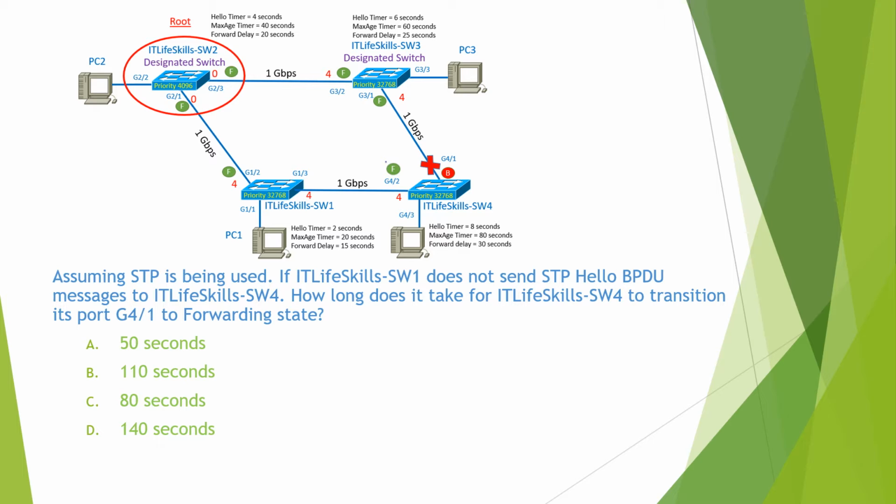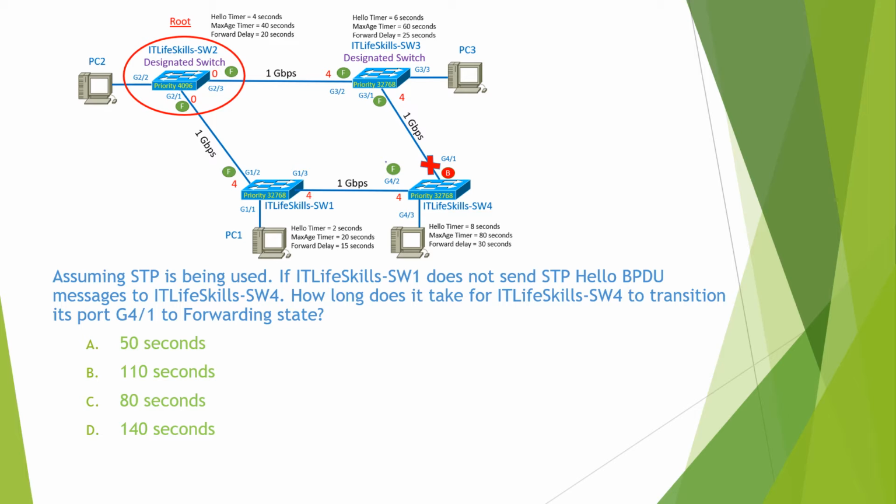Then it transitions the port Gs41 to listening state, and it will wait for another 20 seconds, which is the forward delay timer, to transition the port Gs41 from listening state to learning state. Then it will wait for another 20 seconds to transition the port Gs41 from learning state to forwarding state.